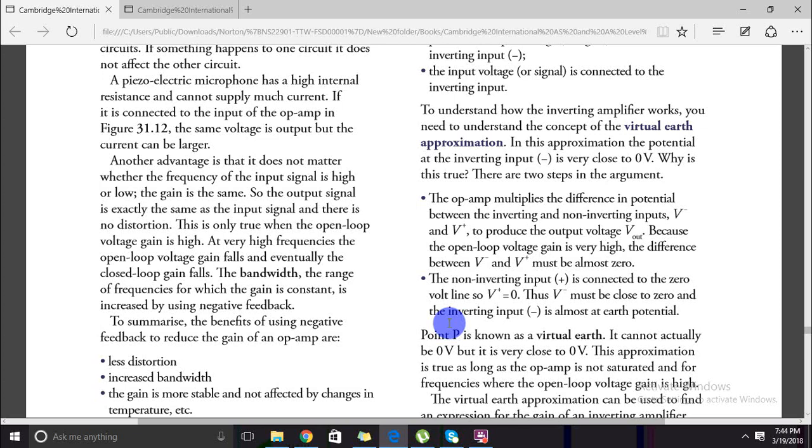But for this, the bandwidth is gonna be bigger. So frequency does not impact amplification or does not impact gain. So effectively we have a larger bandwidth.